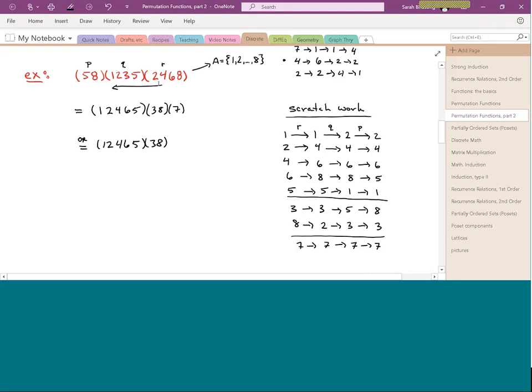So let me actually write that down. Reading the cycles, you want to go this way, but who gets mapped to who, so that's inside the cycle, and you're still reading left to right, if that helps.